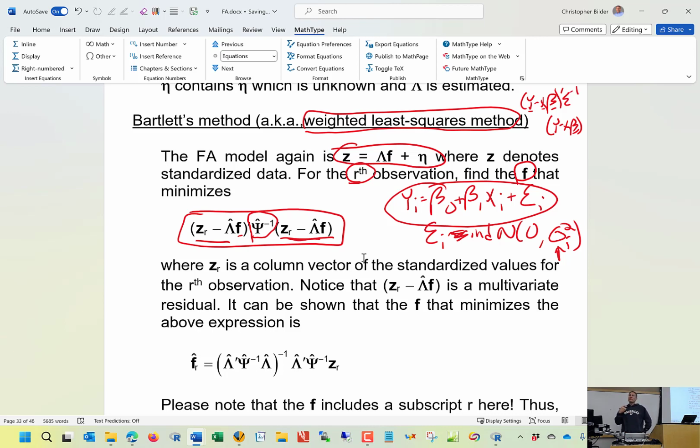And we end up trying to find the value beta that minimizes this expression. And so hopefully you can see some relationship between weighted least squares and what I want to do here, to find the f that minimizes this expression. And again, to put this into some kind of intuitive sense, notice this z minus lambda hat f is sort of like a residual.